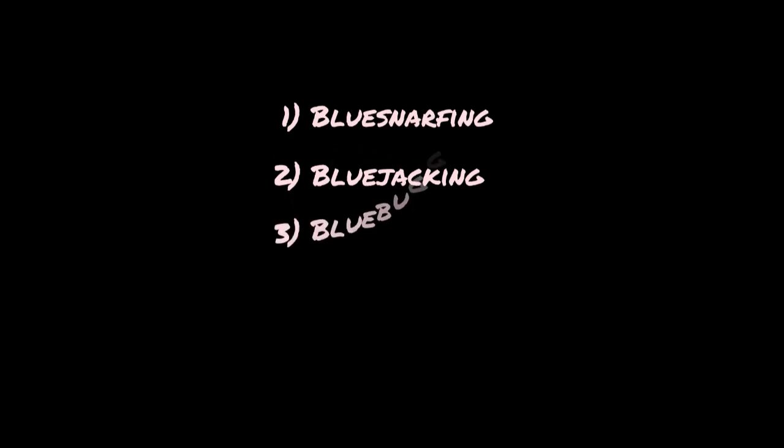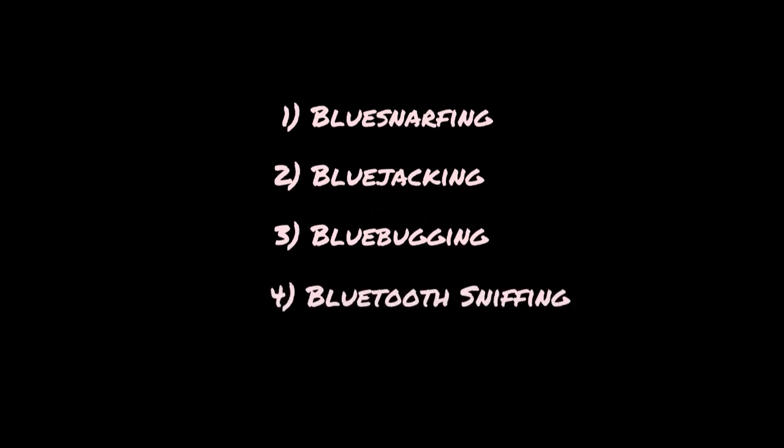And then there is bluebugging. Bluebugging is an object of device takeover because it installs a backdoor to remotely control the device, and users are often unaware. Then there is bluesniffing. Bluesniffing is based on eavesdropping because it captures Bluetooth packets to spy on conversations. In this also, the users are unaware.